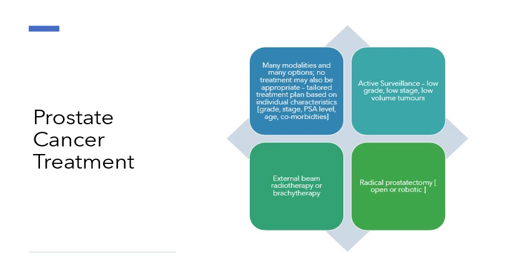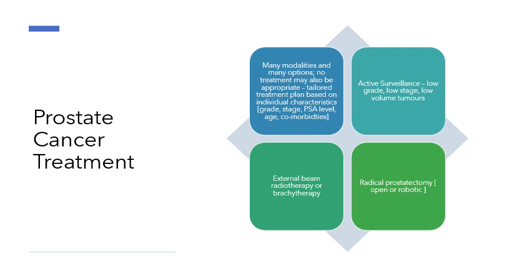So for many low-grade, low-stage, low-volume tumours, we're now using a procedure called active surveillance. Here the prostate cancer is diagnosed by prostatic needle biopsies, and the patient is followed up with subsequent perhaps MRI and further biopsies to see that the tumour remains low stage, low grade, low volume.